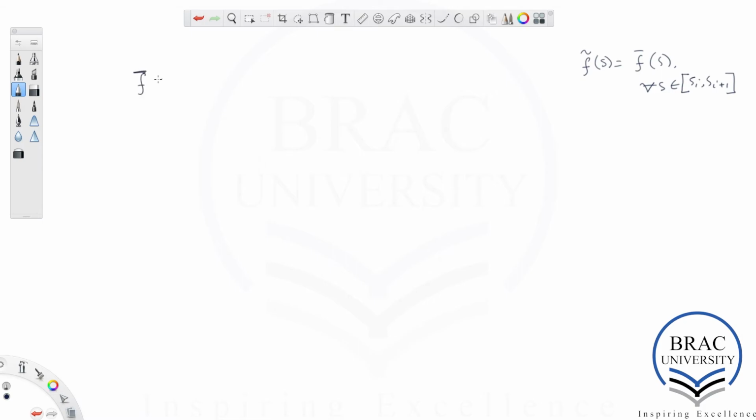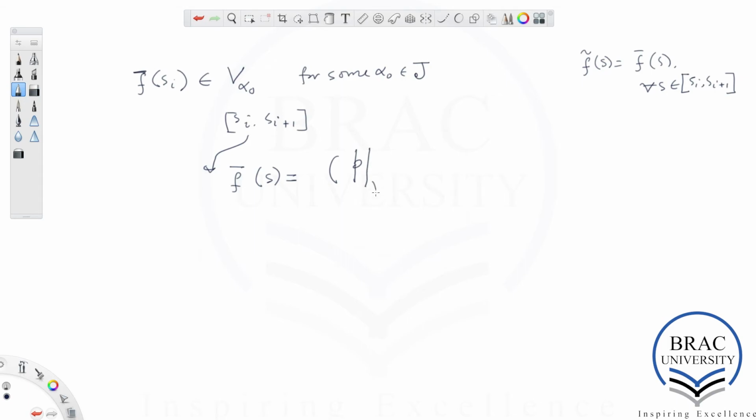Recall that we have shown that F bar of s_i belongs to a unique slice, which we denoted by V sub alpha 0, for some alpha 0 in the index set J. On this subinterval, we have this definition of F bar: F bar of s is P restricted to V sub alpha 0, inverse, composed with F at s, which is nothing but (P restricted to V alpha 0) inverse of F of s.